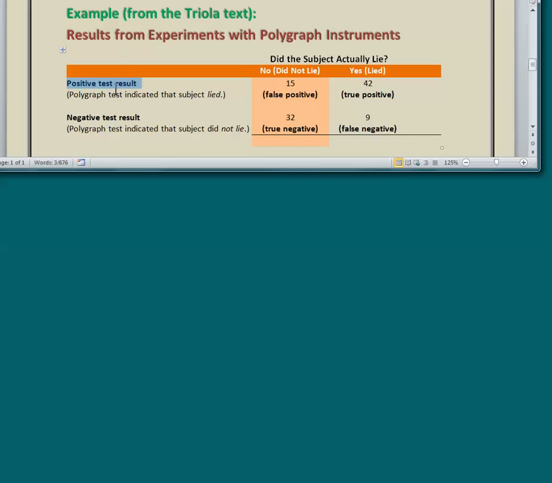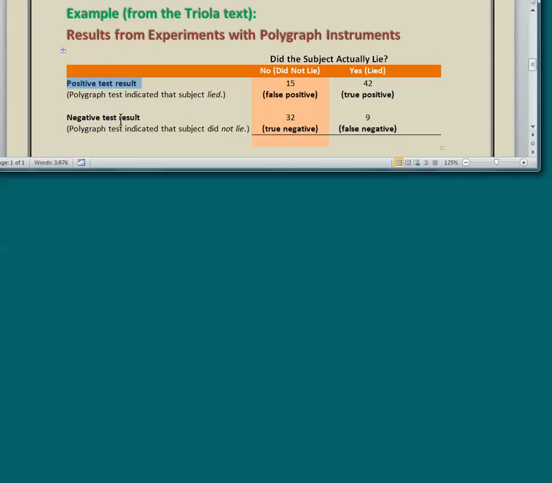These are the test results from the machine. A positive test result means that the polygraph test indicated that the subject lied. It's very important to keep this straight. A negative test result indicates that the polygraph test indicated that the subject did not lie.